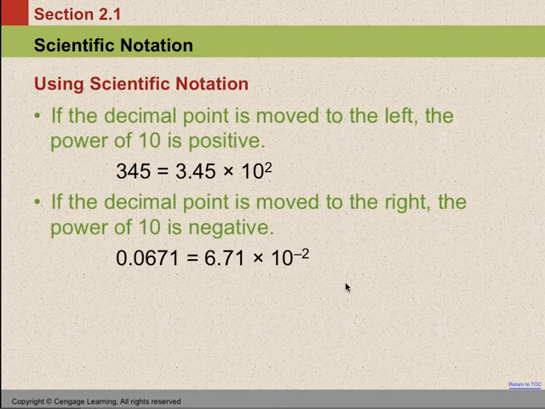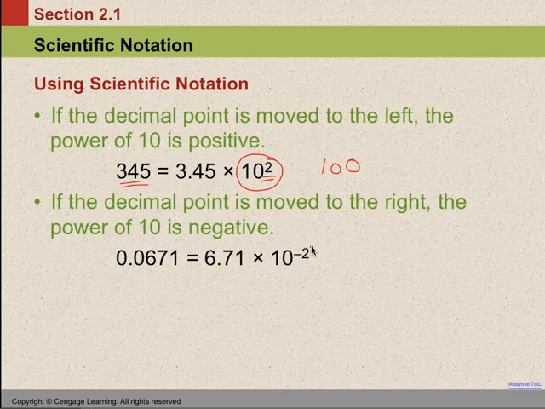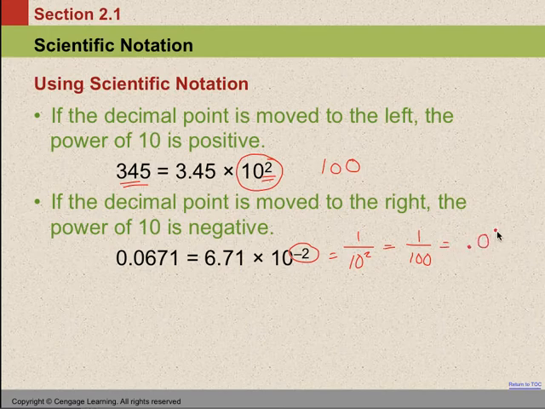Okay. I sometimes had trouble remembering whether it was a positive or whether it was a negative. Remember that 10 squared is 100. So anything that has a positive exponent is going to be a number greater than 1. Remember, 10 to the negative 2 is really 1 over 10 squared, which is 1 over 100, which is 0.01.